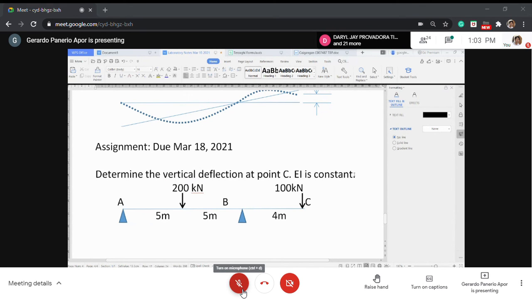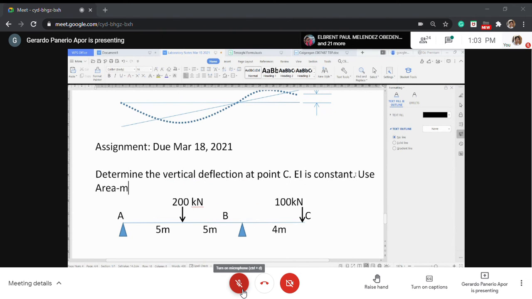Use the area moment method. I'll say that. Okay, so that's all.